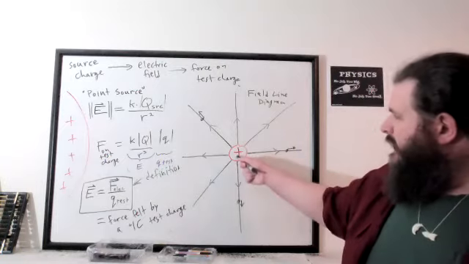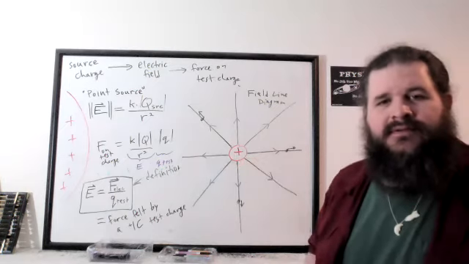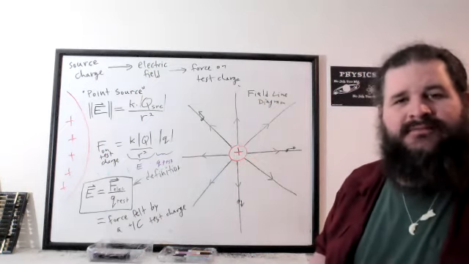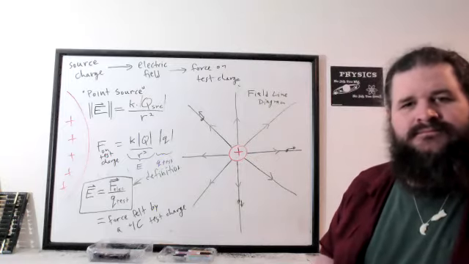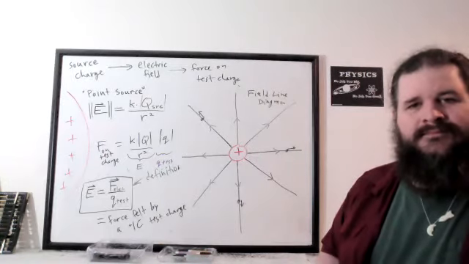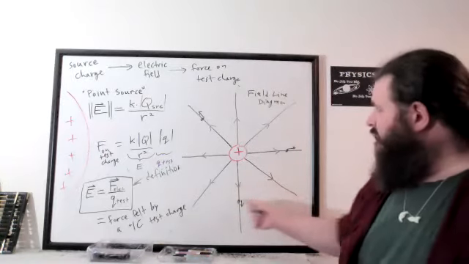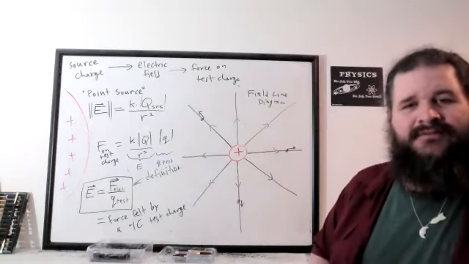By the way, if this were a negative source charge, what would be the only difference? What would be different about the field line diagram if we had a negative source charge instead of a positive source charge?